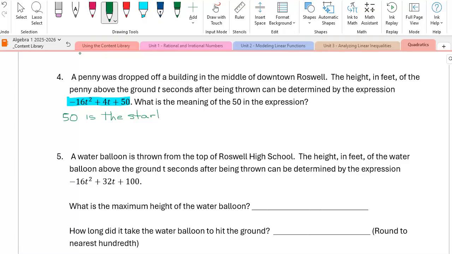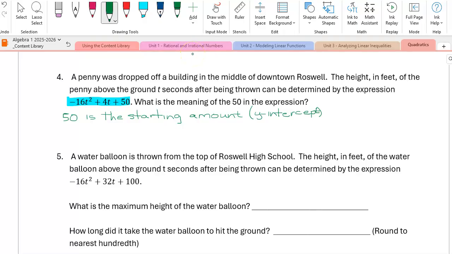And I know that because the y-intercept is also another word for starting amount. It's the y-intercept. Well, if I started at 50, that means when I dropped the penny, that's where I dropped the penny, is at 50.